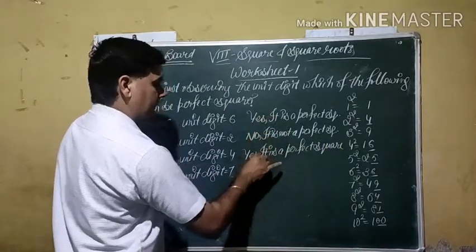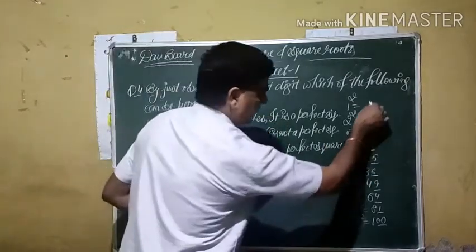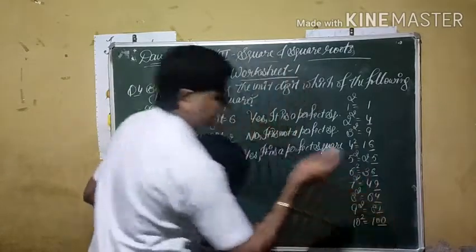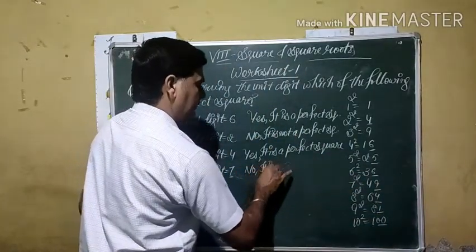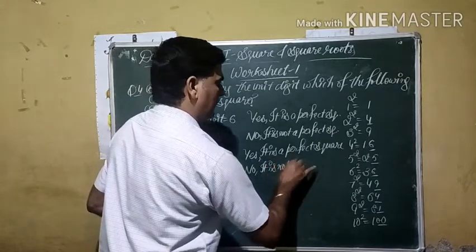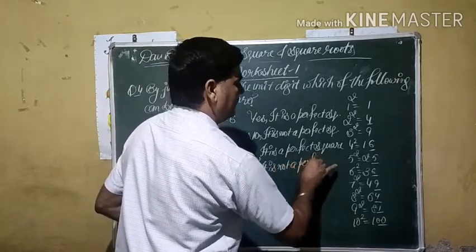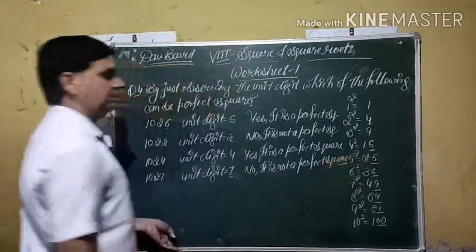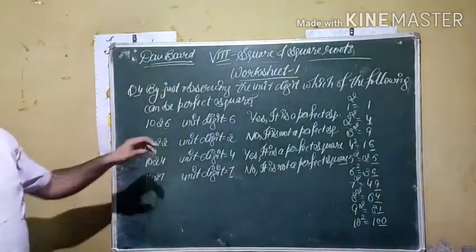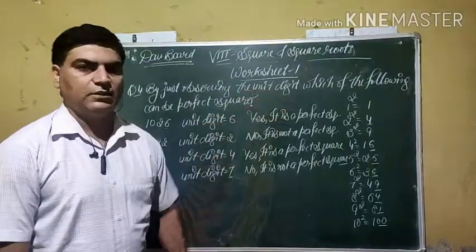Next, if you see here, it is given as 7. None of the squares contain 7 at the last. It means no, it is not a perfect square. So like this, we can identify whether the given numbers are perfect squares or not by testing their unit place digit only.